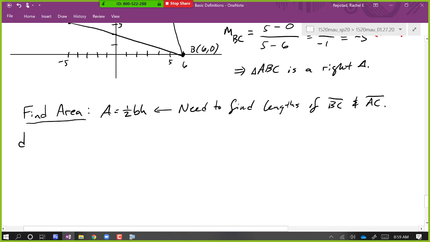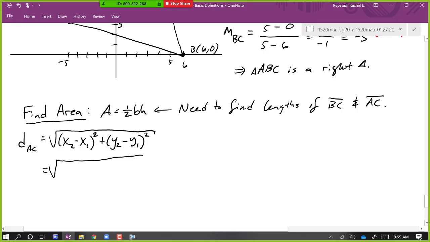So the distance for AC, here's our formula: the square root of x2 minus x1 squared plus y2 minus y1 squared. I'll continue to treat the point C as x2, y2.